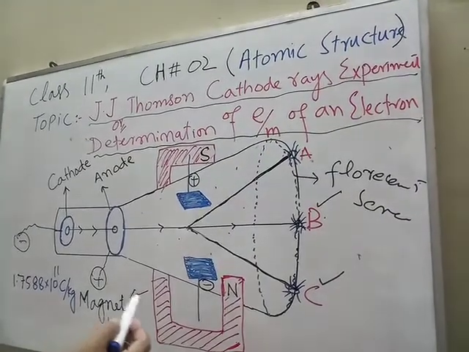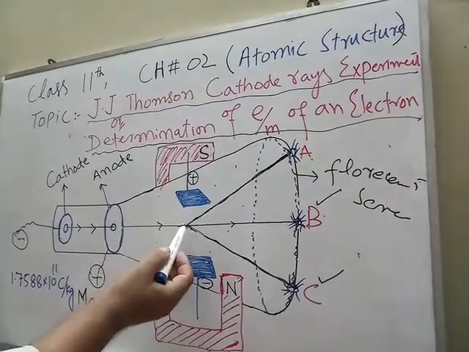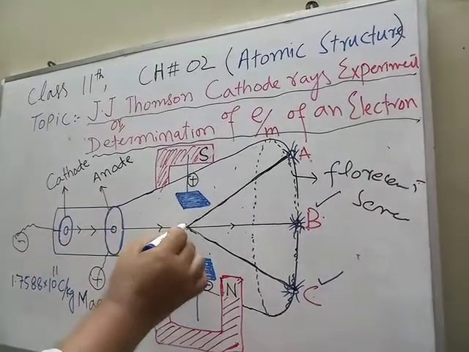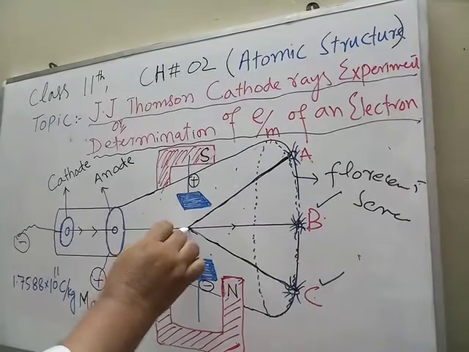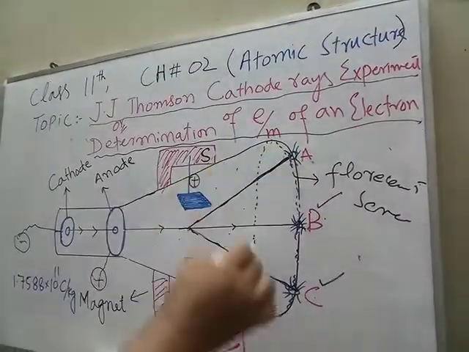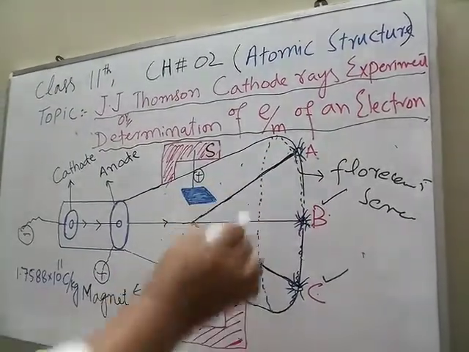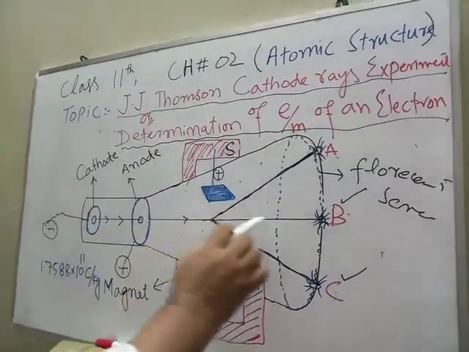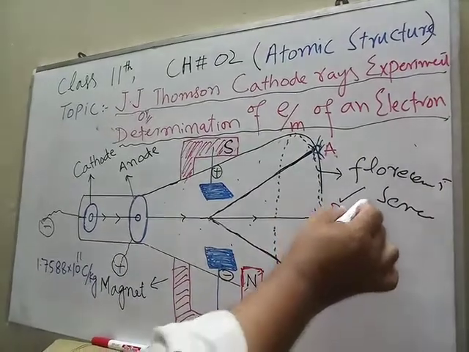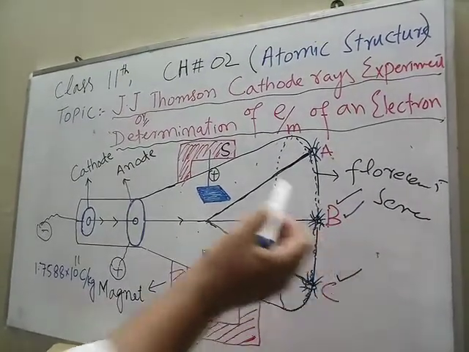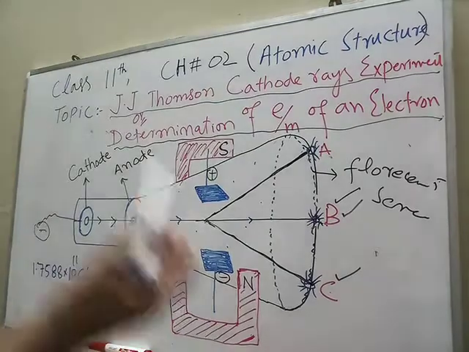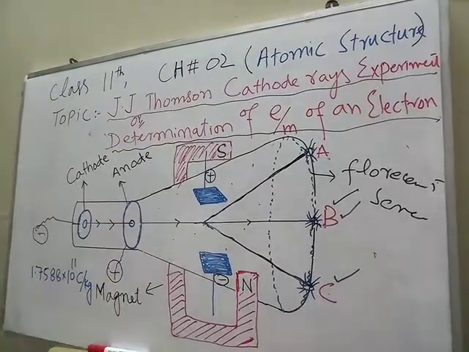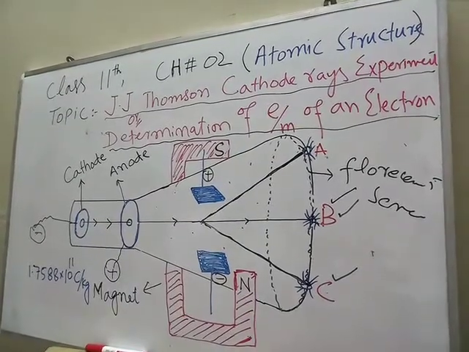So these two fields cancelled the effect of each other, and the net result was that the cathode rays went straight and struck the point B, as in the case when there was no field.